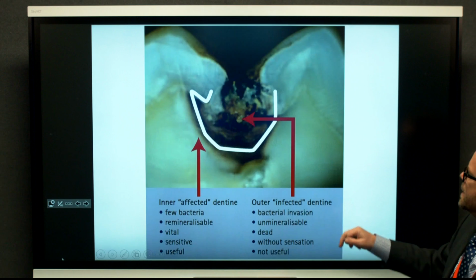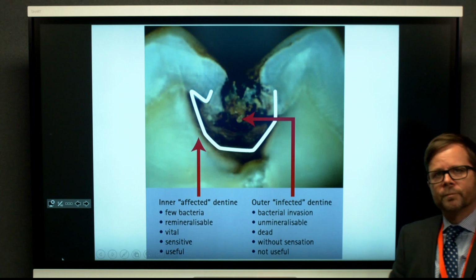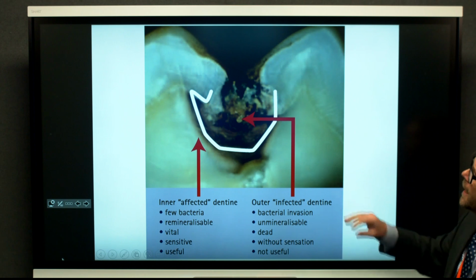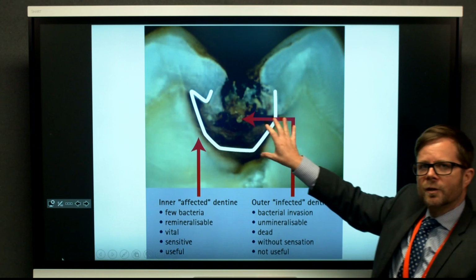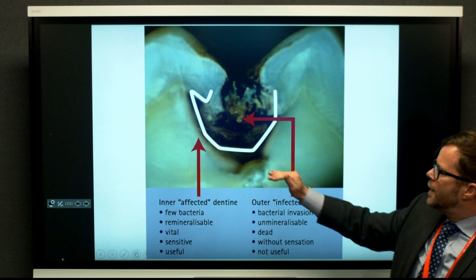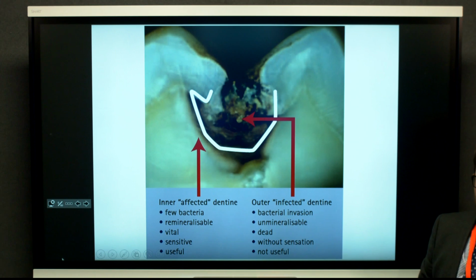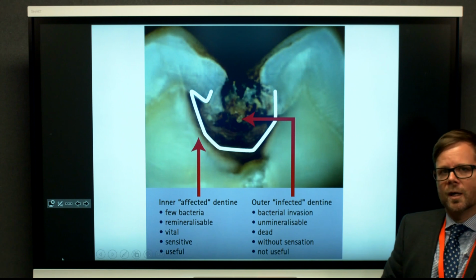We now understand much better the pathophysiology of dental caries, and we understand that in a lesion like the one I've just shown you, there are different areas of destruction of the dentine and different areas of mineralization.